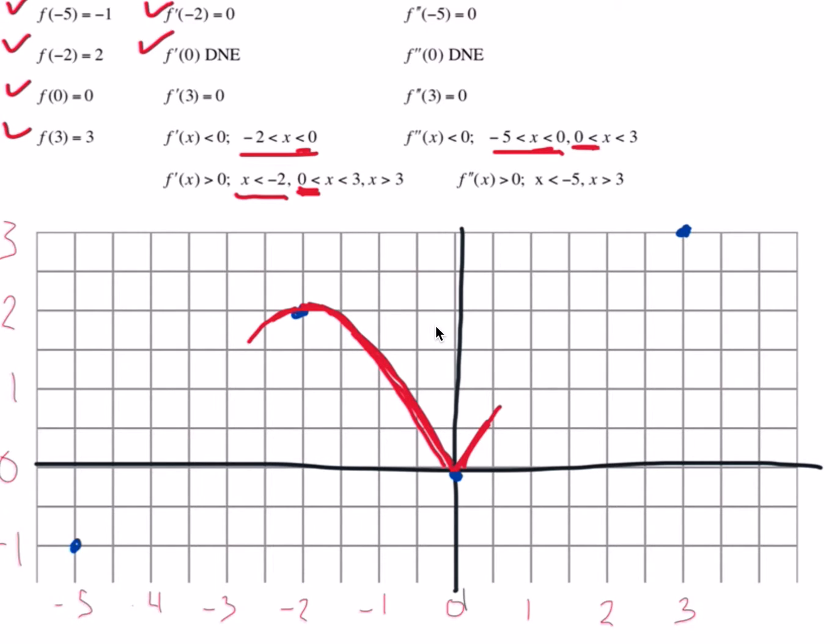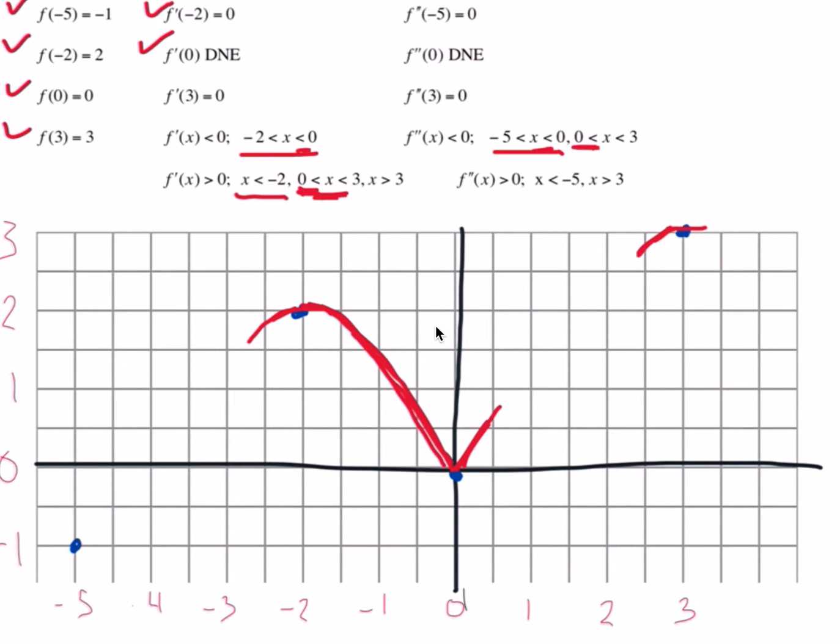The derivative at 3 is equal to 0. So again, we're leveling off. We don't really know what's happening to the left or right by looking at that. But if we look at more information on our first derivative, we see that from 0 to 3, our first derivative is positive. Okay, so it's increasing as it arrives at this point.